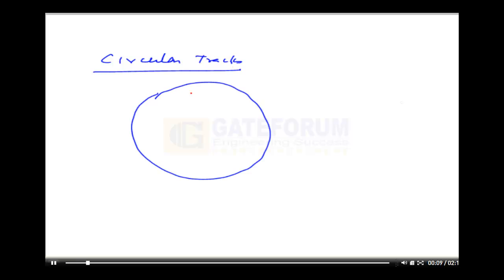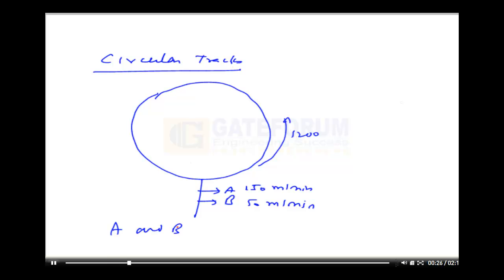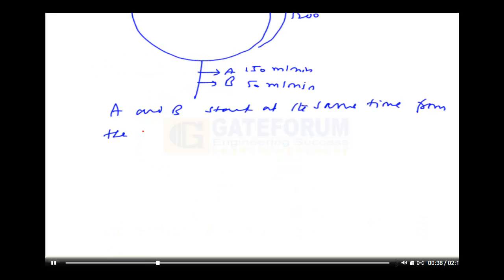Circular tracks. A and B start at the same time from the same point.